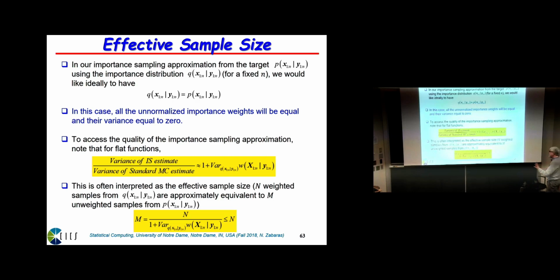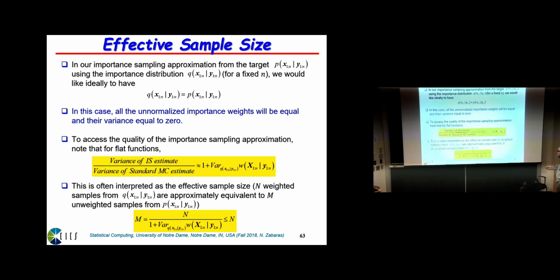Before I go to the actual algorithm, let me say the following. When you use importance sampling and we take, let's say, n samples, those n samples are not equivalent to n unweighted samples that you get with standard Monte Carlo.